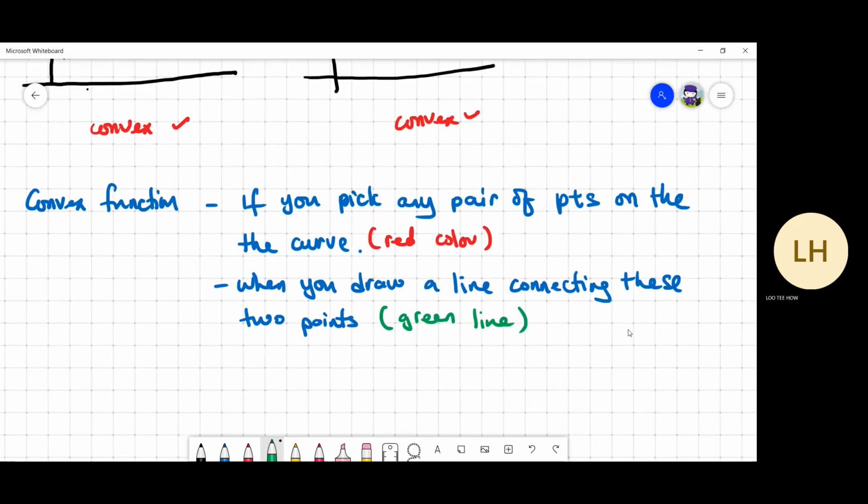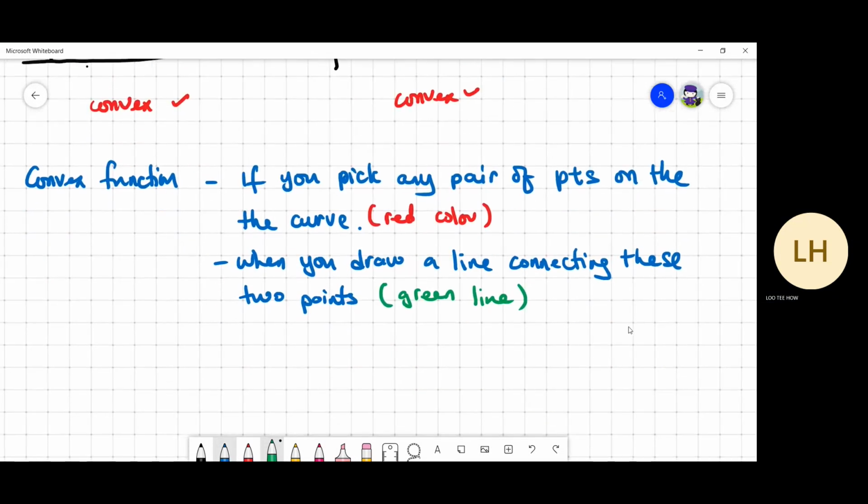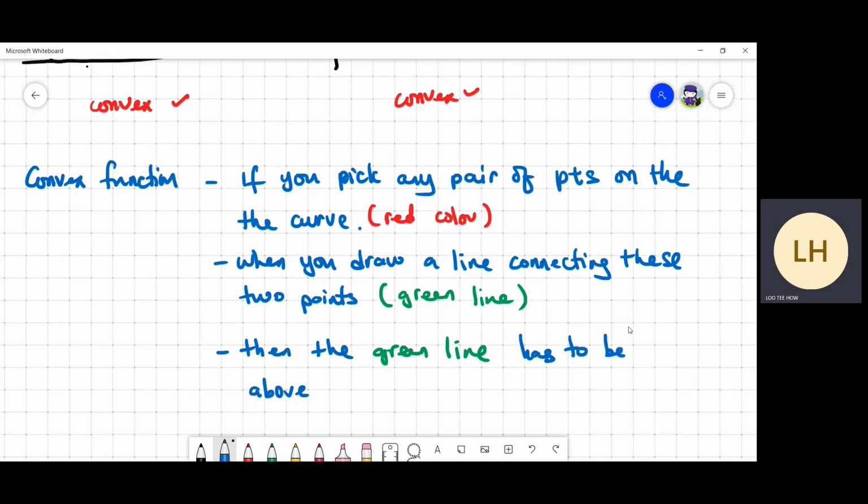Then the green color line has to be above the red line.